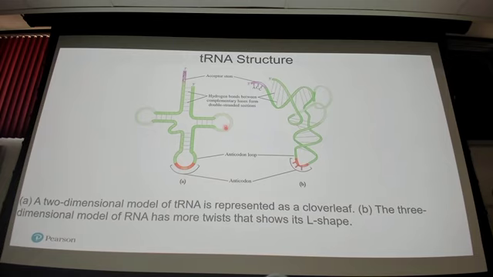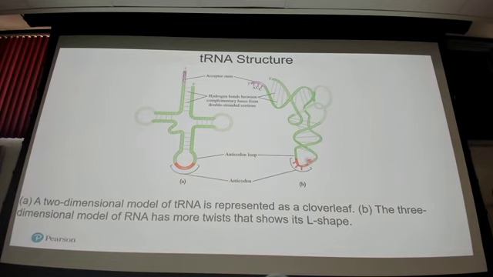It looks like a clover leaf in 2 dimensions, but the 3-dimensional shape is more like an L. In the tRNA molecule, there's the acceptor stem, which is nucleotides ACC. That's where an amino acid binds and is carried to the ribosome to build the protein.